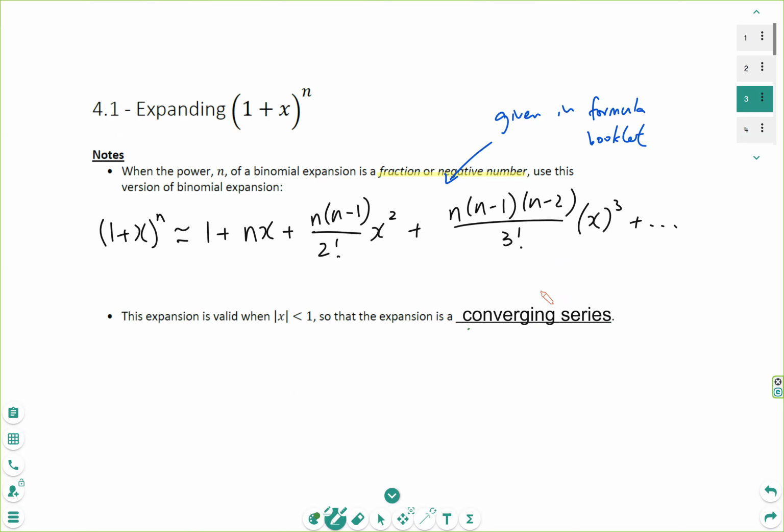Reason that it needs to be converging is because the sum will add to a certain number.